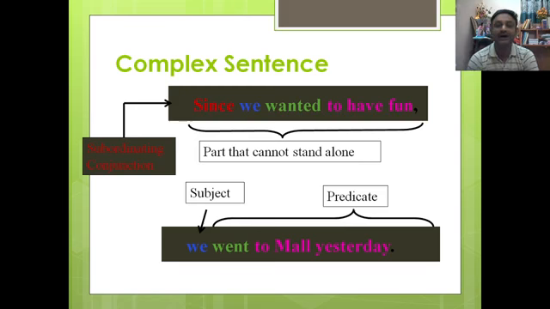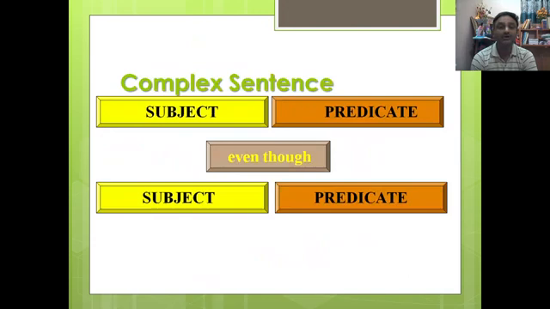"Since we wanted to have fun" is the part that cannot stand alone, because when we say only this part it looks incomplete. But when the subordinating conjunction is connected with the subject and predicate, "we went to the mall yesterday," only then is it complete. So a complex sentence has a subject and predicate connected with a subordinating conjunction.